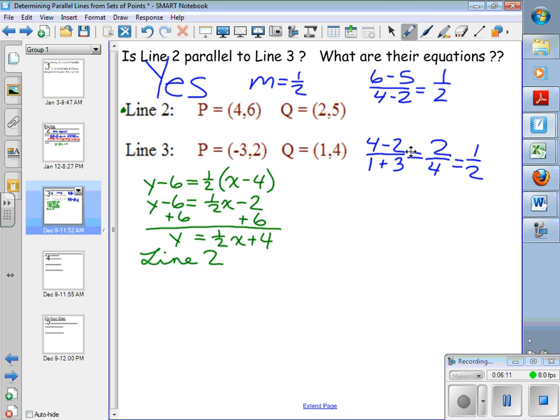Okay, and then we'll do line 3 in red. So we get y minus 4.